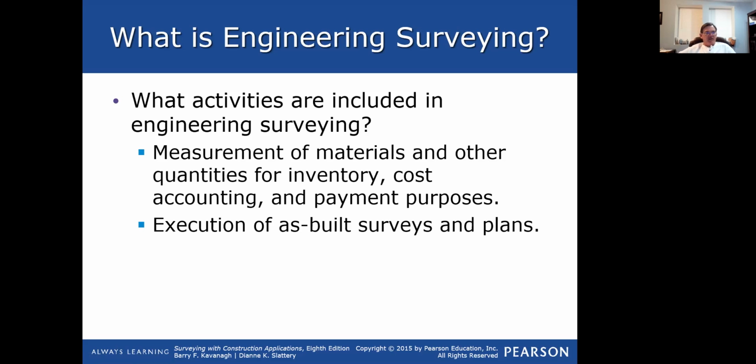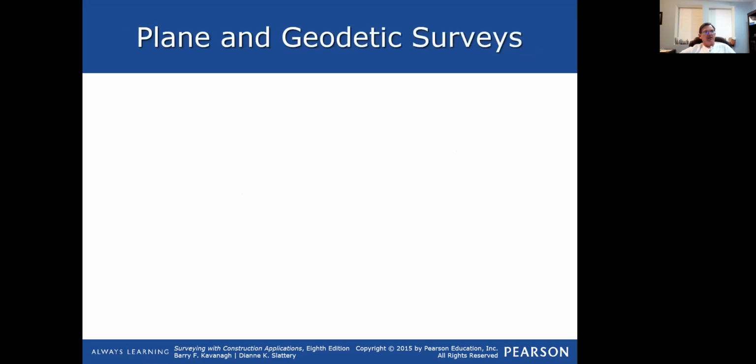Surveyors often do that at the end of a project, and it helps the developer get off their bond. In other words, have their bonds released from the county government or state government because of these as-built surveys to make sure things are correct. And you'll run across that for sure in construction.